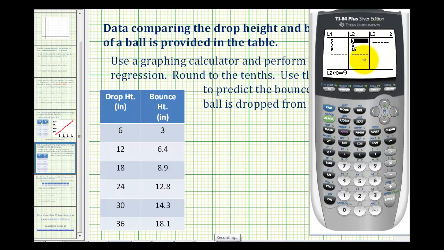And notice how I have some old data in here. So I'm going to go to the top of the column, press clear and then enter, and it clears the entire column. So we'll do the same for L1, clear and then enter. And now we'll enter the data.